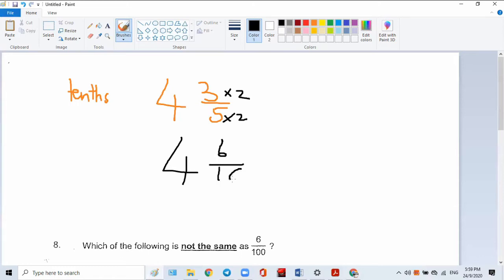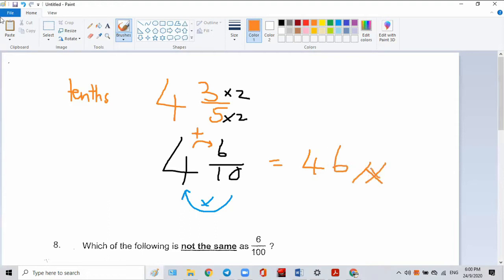Then what's the next step? 4 times 10 is 40. Then take the 40 plus 6, which is 46. So there are 46 tenths.